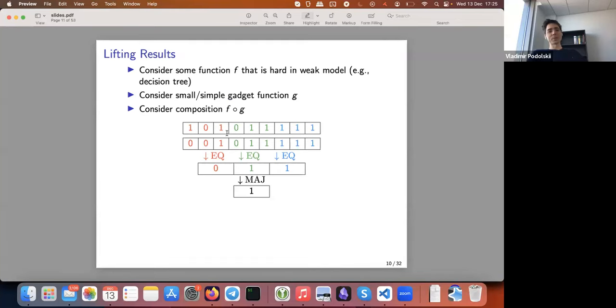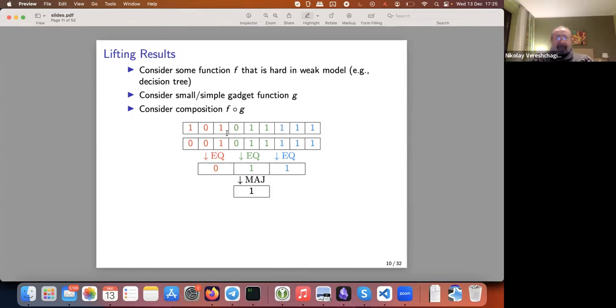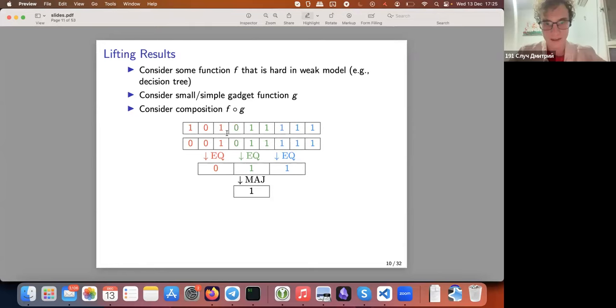So basically, what we have just discussed can be viewed as a lifting result. We define a composition of Boolean functions, like here with equality and majority. We divide inputs into blocks and apply a gadget to each pair of blocks.